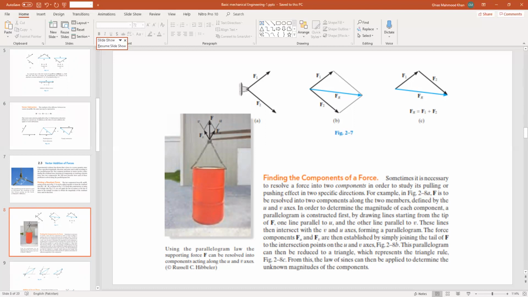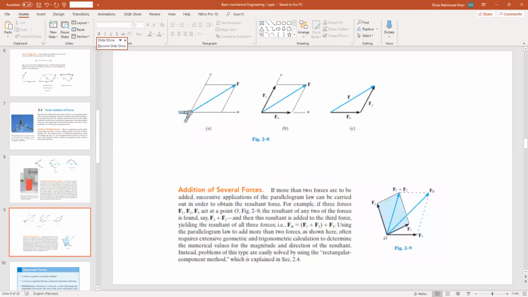The resultant vector will be from the tail of the first vector to the head of the last vector. It can be found by the trigonometric way or by resolving into different components, as we have already studied in our lectures.